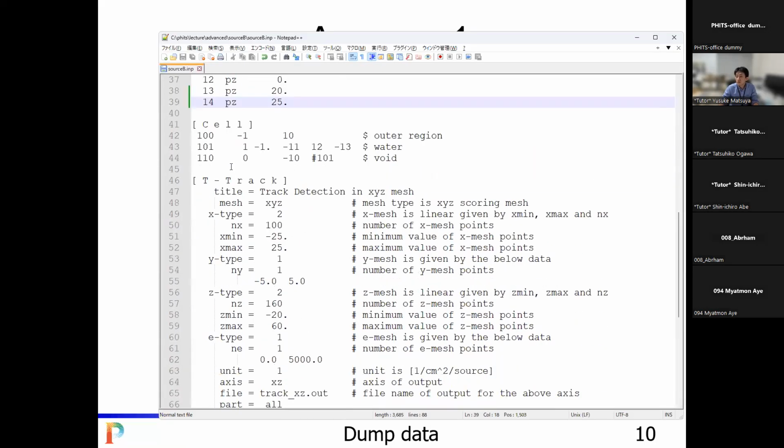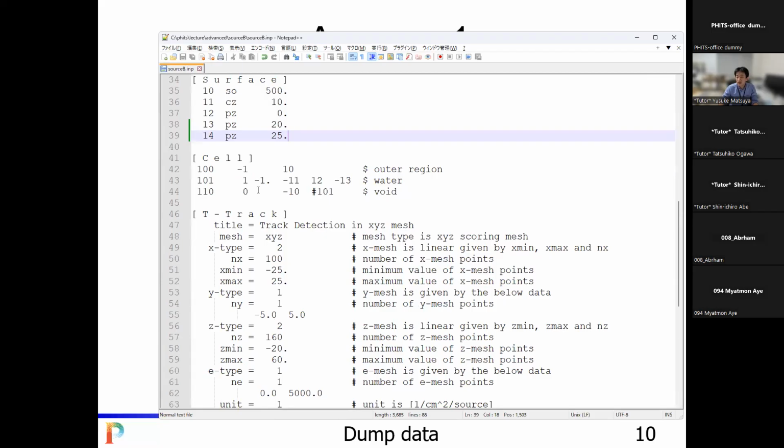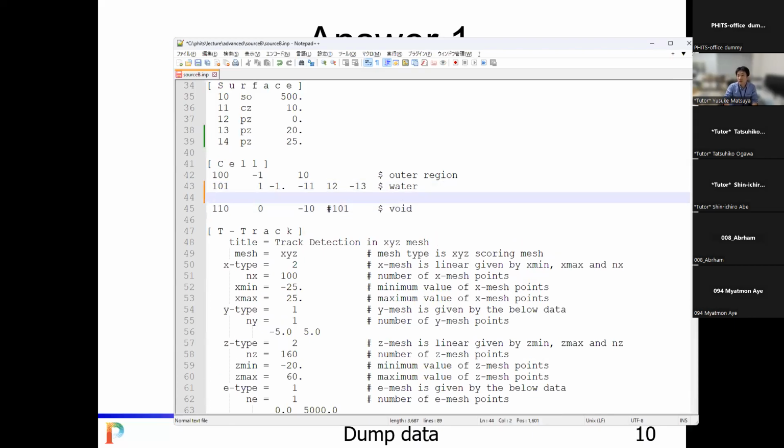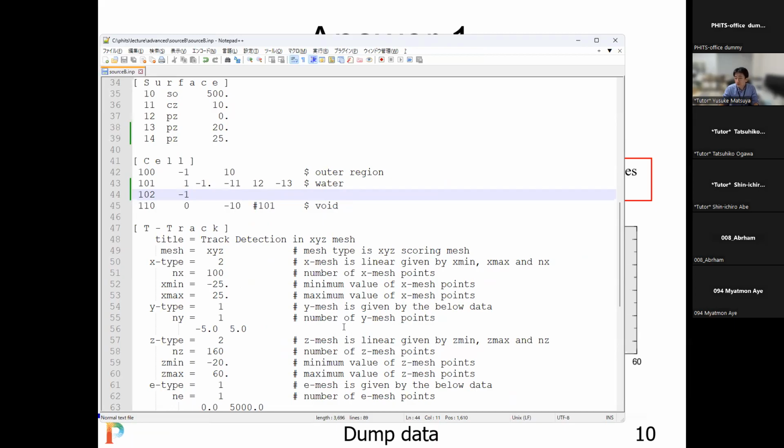So move on to the cell section, and please add cell number 102, and please define the -1 to make an outer void region of a cylinder.